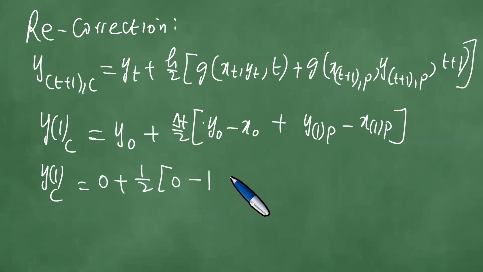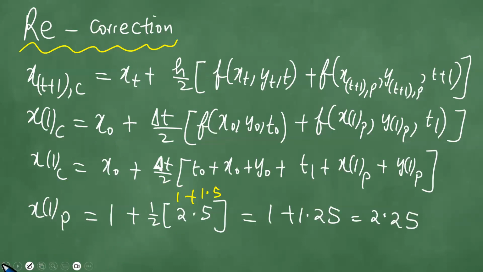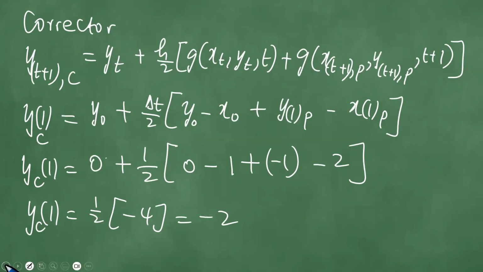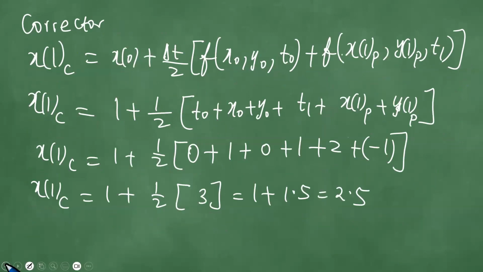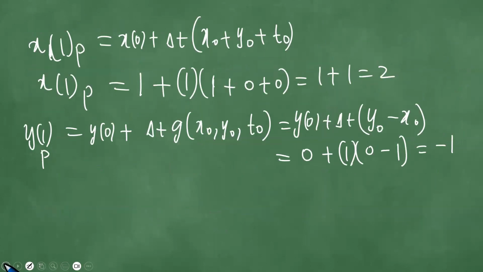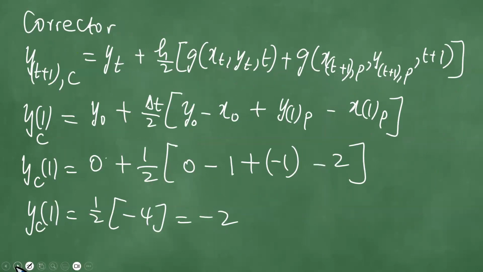Okay. And then now I want us to analyze the y1p, x1p. For instance, x1p, you're getting 2.25. And y1p is minus 1. Let's analyze these and see what we're getting.